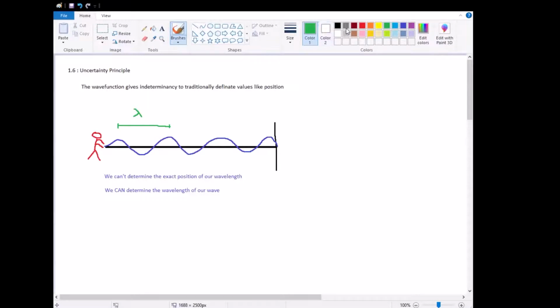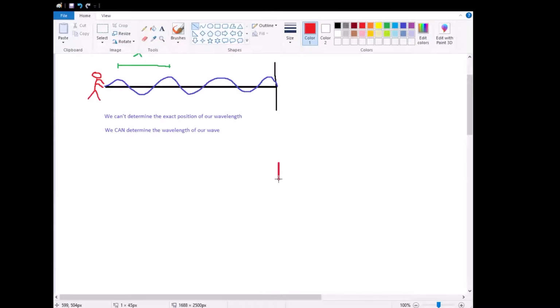Now, let's analyze a second scenario where instead of continuously moving our wave up and down, I only jerk the rope once. Instead of creating a continuous wave that goes on forever, I'm going to just jerk the rope once really hard.